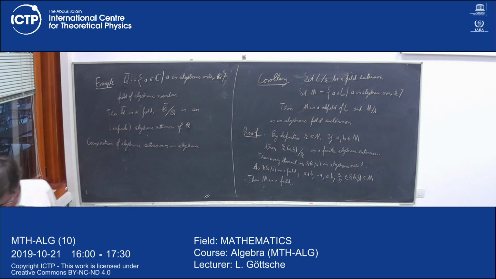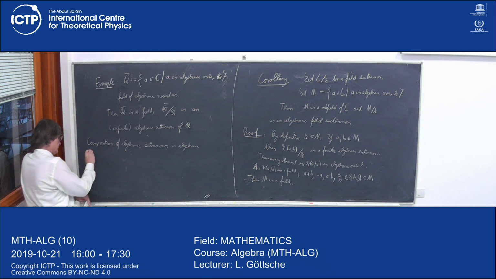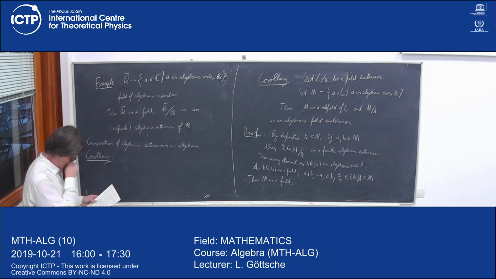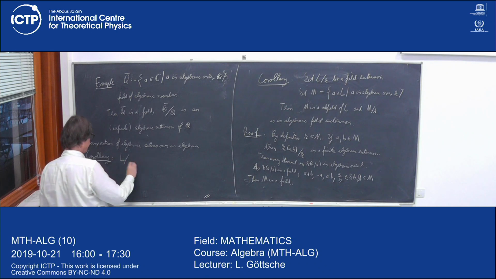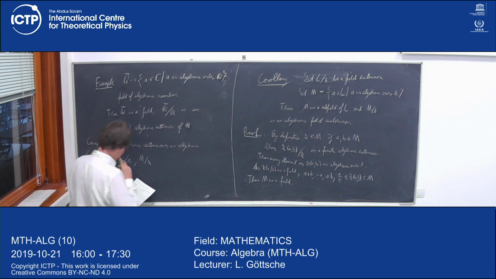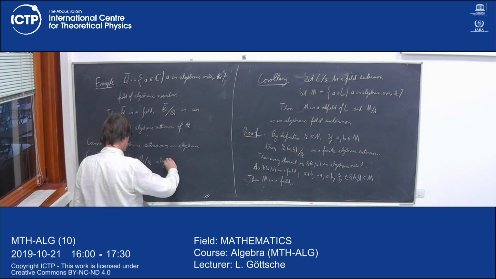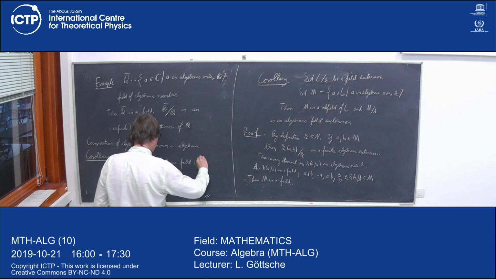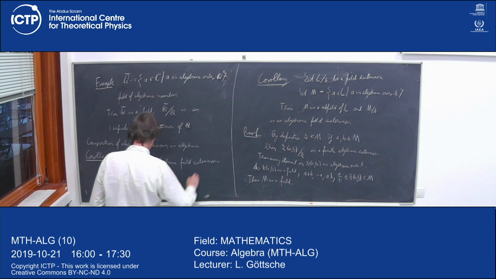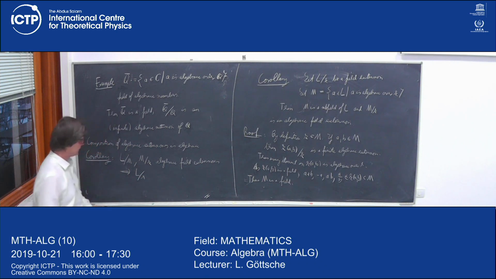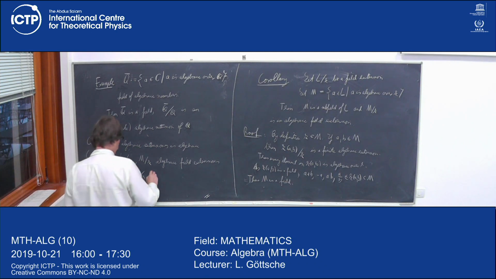So how does this go? Assume that L over M and M over K are algebraic field extensions. Then it follows that the big extension L over K is also an algebraic field extension.